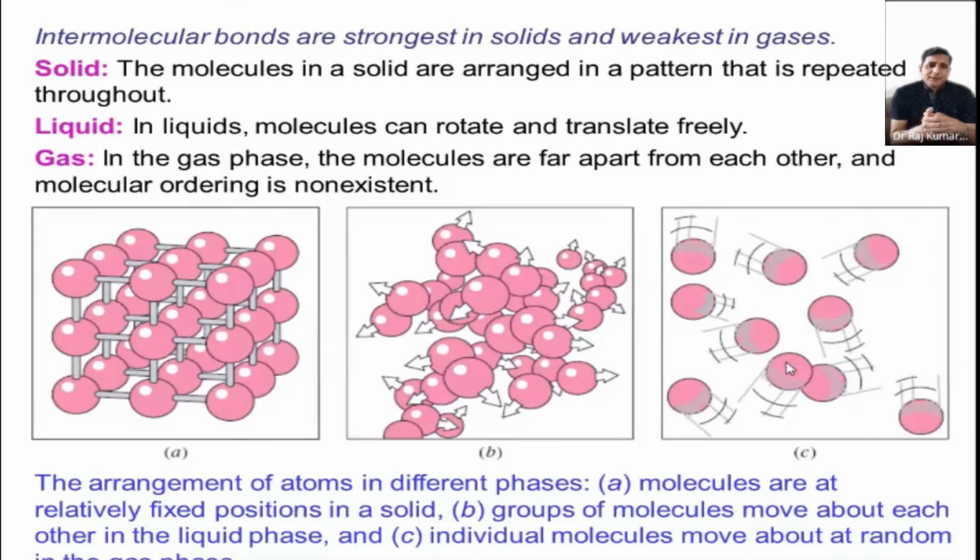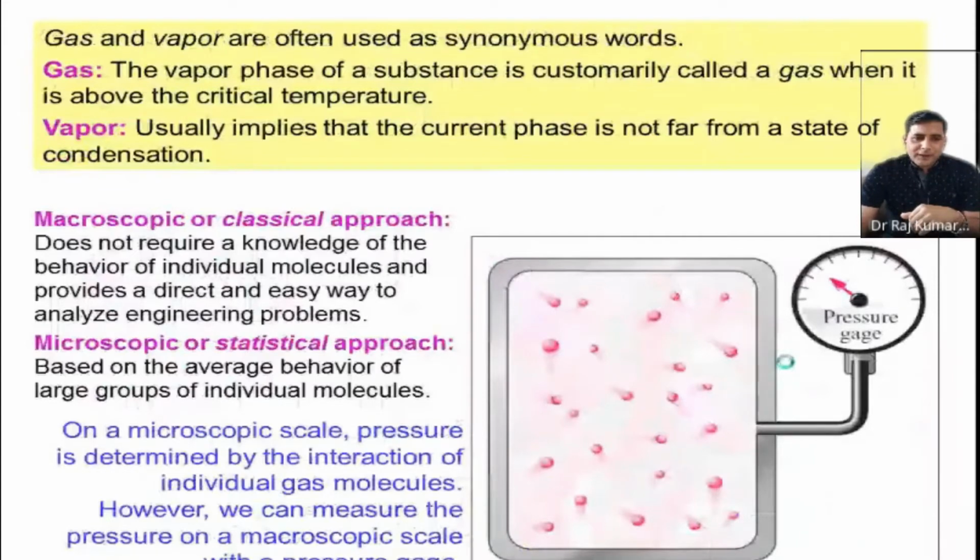Now here, one thing we want to define: one is called gas, one is called vapor. Any substance, once it reaches a critical temperature, is treated as a gas.